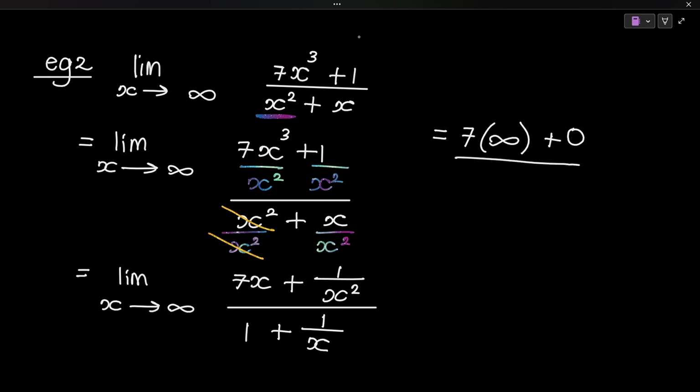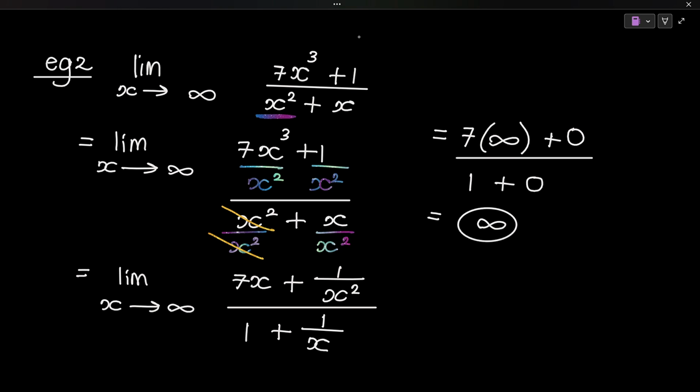So 1 over x squared would become 0, and in the denominator, we're going to have 1 plus 0. Now recall that infinity times any value would remain as infinity. So here we have 7 times infinity, which is going to be infinity, divided by 1, that is infinity. So our final answer for this question is infinity.